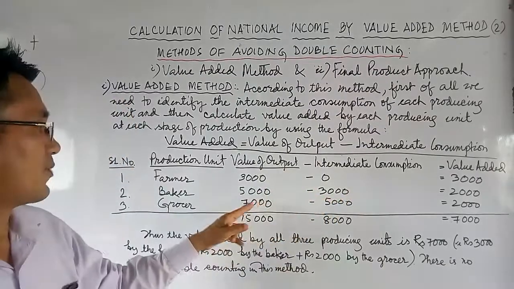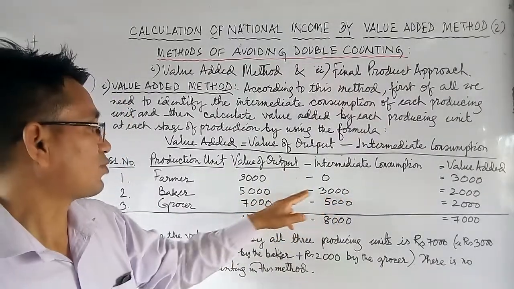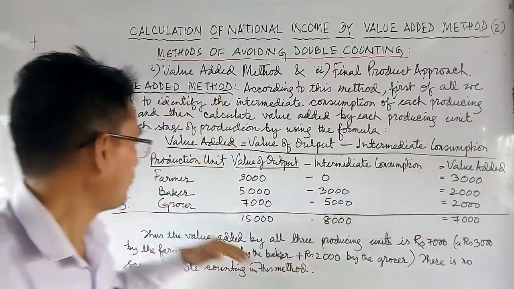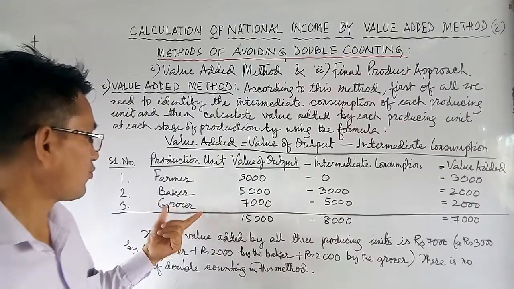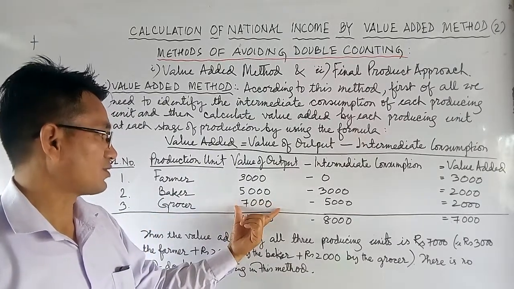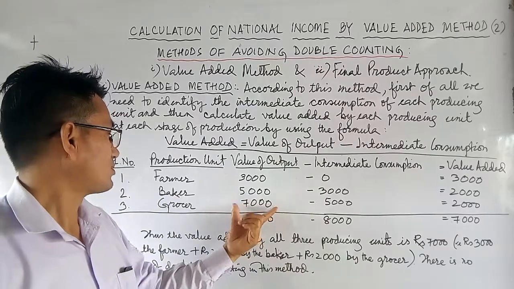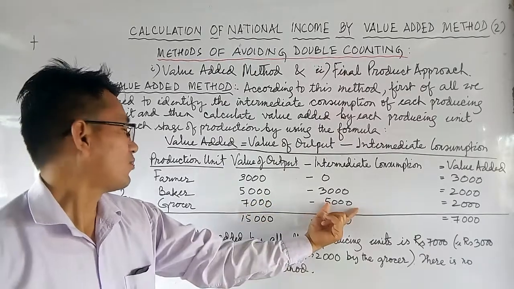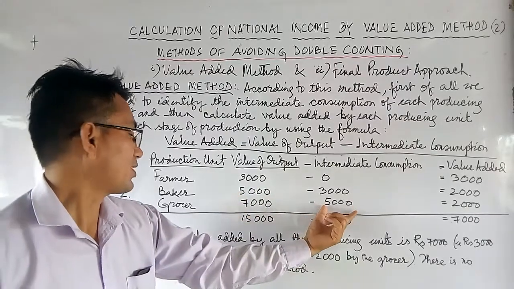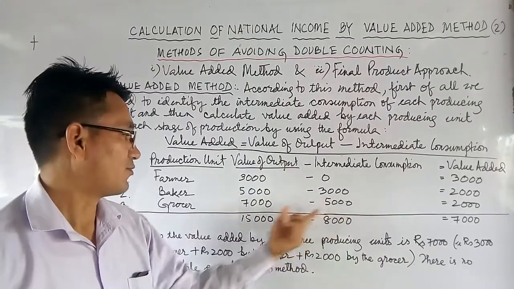By subtracting intermediate consumption from the value of output, we get 2000 as the value added of the baker. And for the grocer, similarly, his total value of output is 7000, but he used 5,000 worth of bread for his selling.